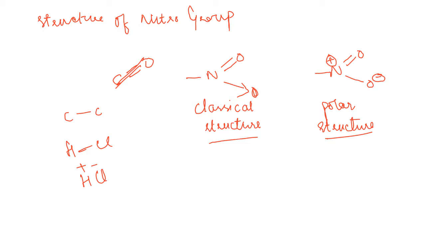And one bond is the coordinate bond, between the nitrogen and oxygen, which is represented by this, and it can also be represented by this type.